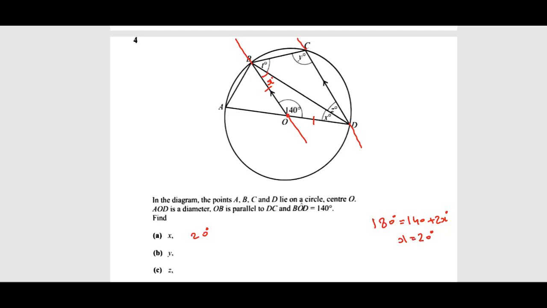No, y is not 40. The thing is that again you're using the same thing. You are using the properties of cyclic quadrilateral, but this isn't a cyclic quadrilateral, right? I told you earlier as well. This is not a cyclic quadrilateral. For it to be a cyclic quadrilateral, all the four sides should touch the circumference. Okay, that's okay. If you're not able to find that, let's find all the other angles that we have.